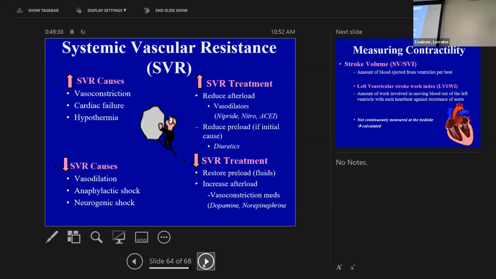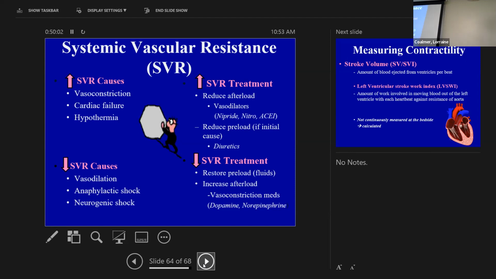And it vasoconstricts. It's compensatory for that volume loss initially. But if you leave me out in that parking lot and don't fix me, it eventually fails. But you may see a high SVR on somebody who's acutely hypovolemic. Does that make sense? It's a compensatory mechanism in early hypovolemic shock.